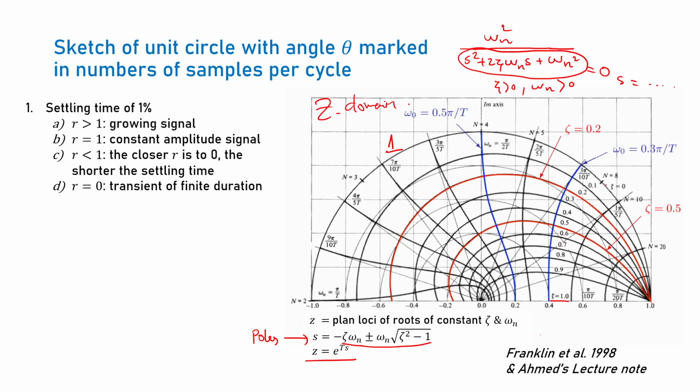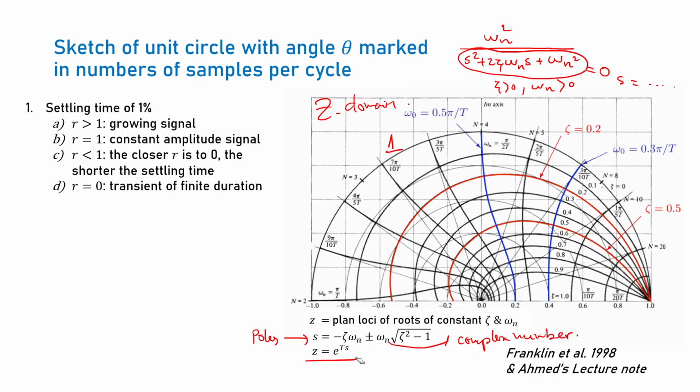You can see zeta from 0.1, 0.2 up to 1 only, which means we consider the case that this term is a complex number. So you have the exponential of a complex number.